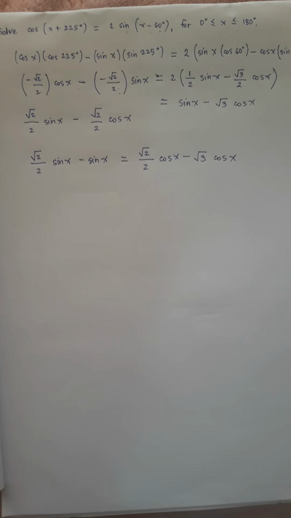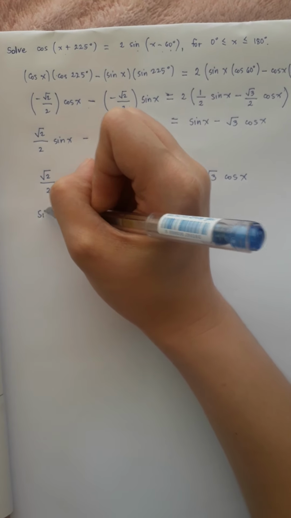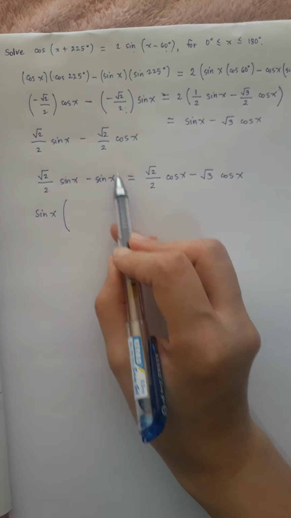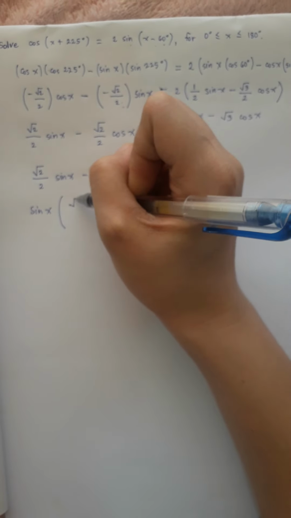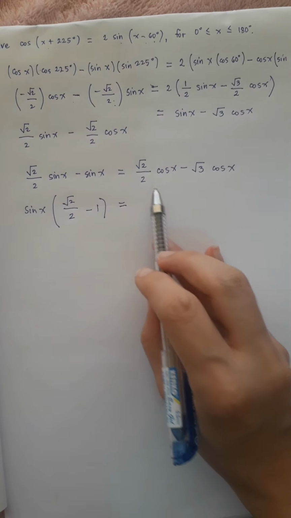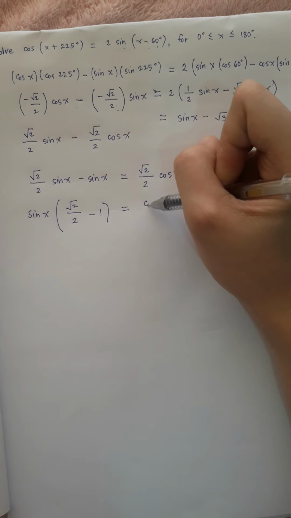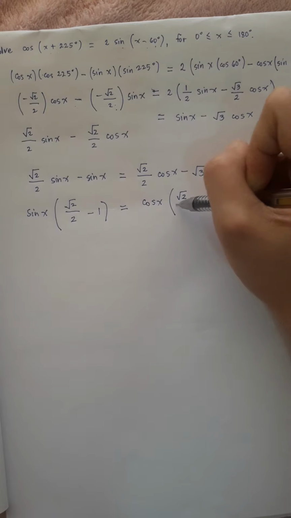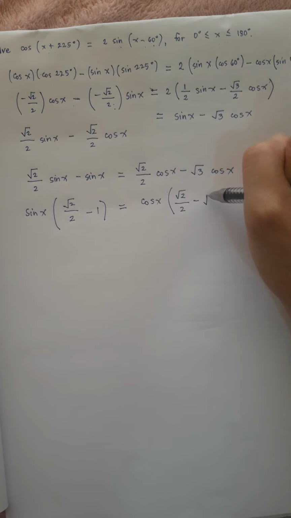So the equation now becomes this. And then we can factor out our sine x. So we will have two factors. We can factorize the left side as sine x times square root of 2 over 2 minus 1. Also, we can factorize the right side. The factors are cosine x and square root of 2 over 2 minus the square root of 3.